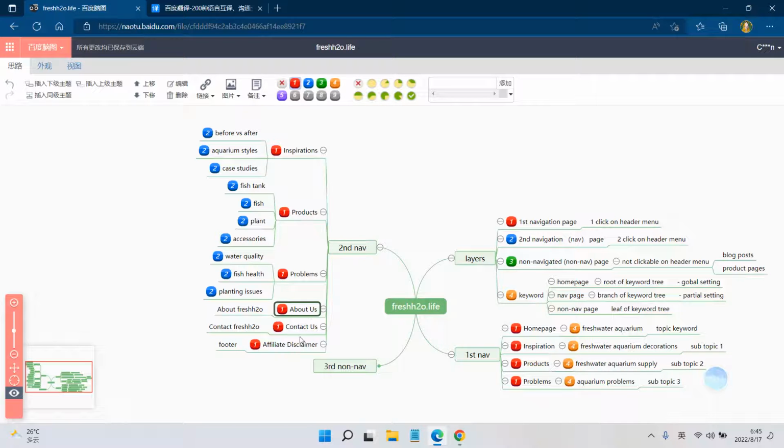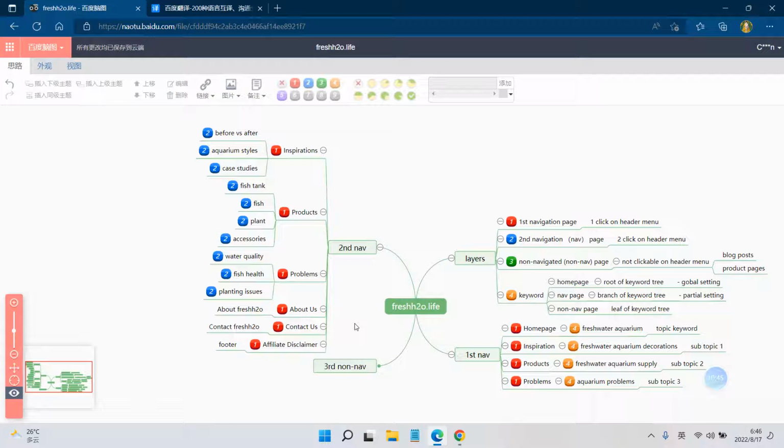And there will be an about us page or contact us page, and then an affiliate disclaimer is also a must. So I might embed them on the footer. So maybe this will be the second navigation page, because you can put it either on the header menu or on the footer.